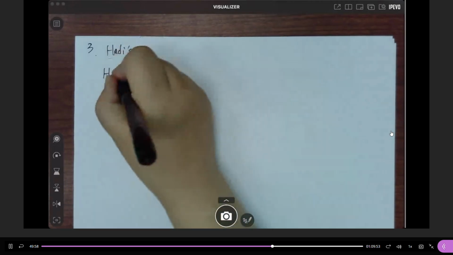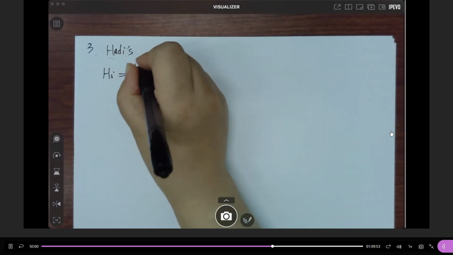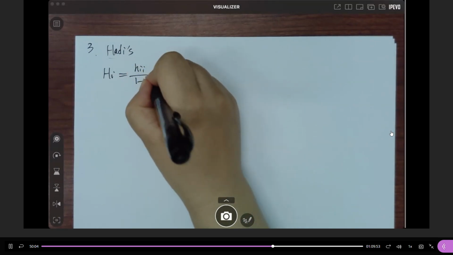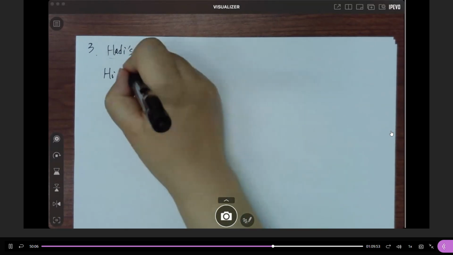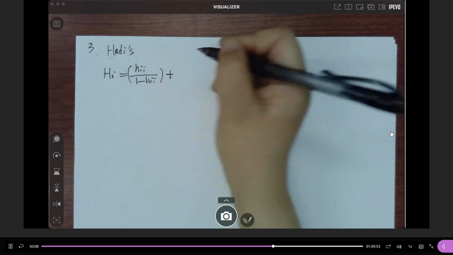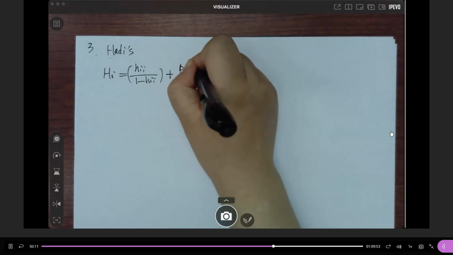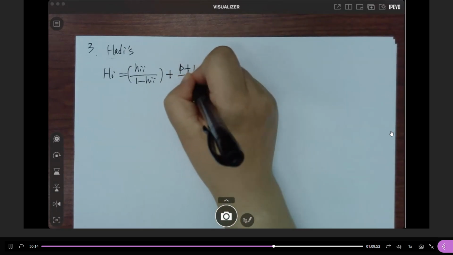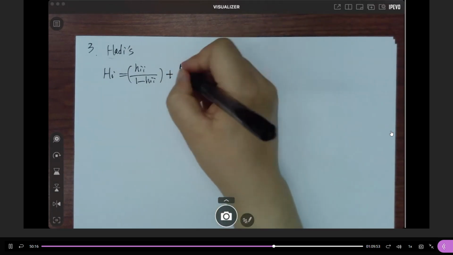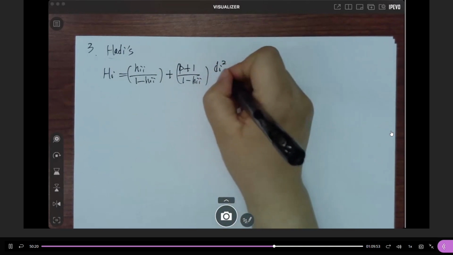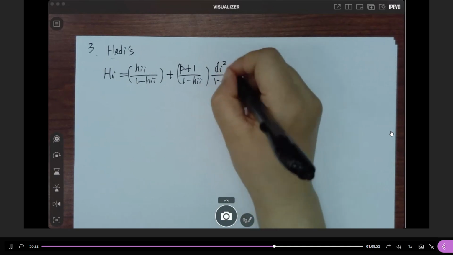Hardy's measure is equal to HII over 1 minus HII, plus — this is plus, the previous two measures were multiplied, but this is plus — P plus 1 over 1 minus HII, multiplied by DI squared over 1 minus DI squared.